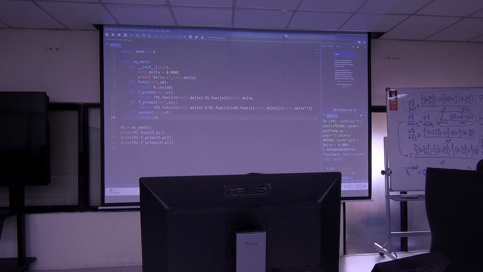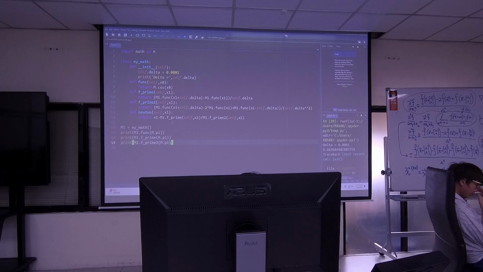You plug in x1 minus the derivative, so basically f prime of x1, divided by f double prime of x1. That's it. So this is one iteration of Newton.